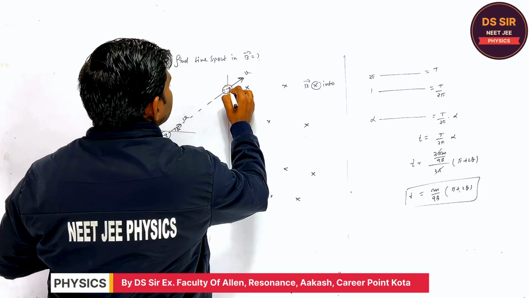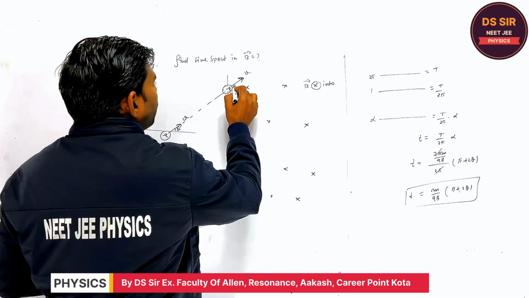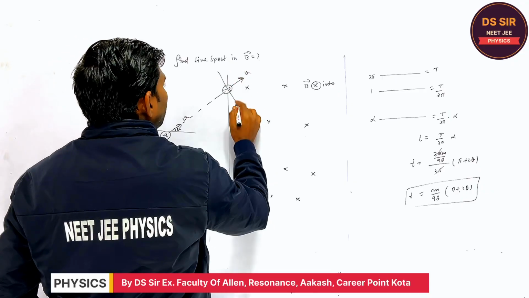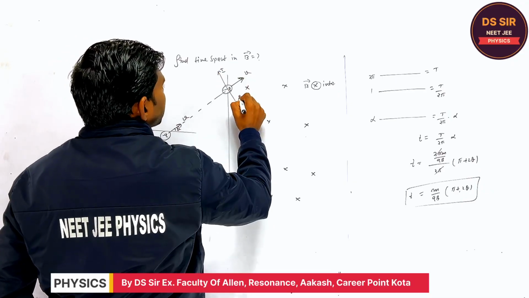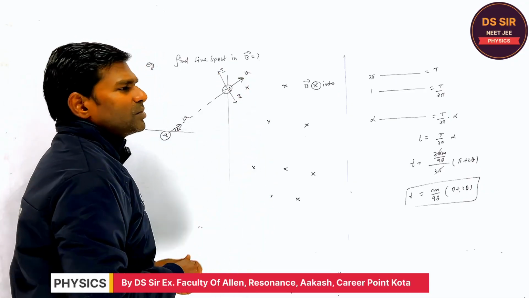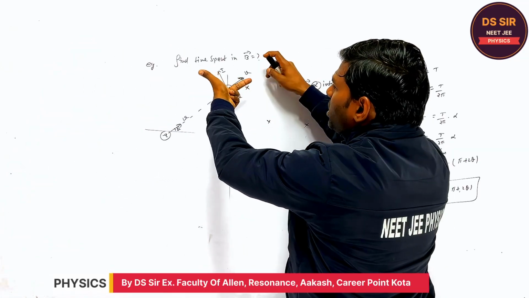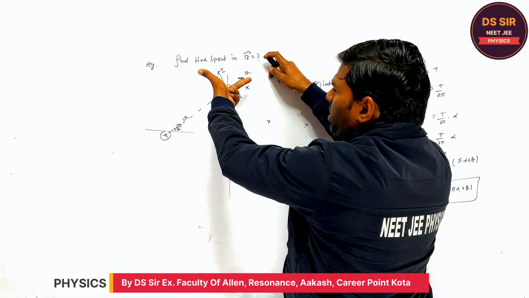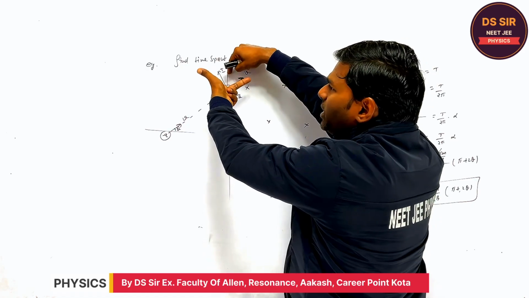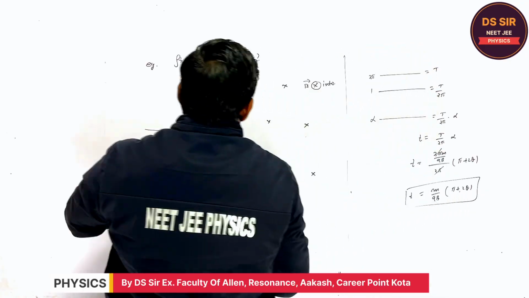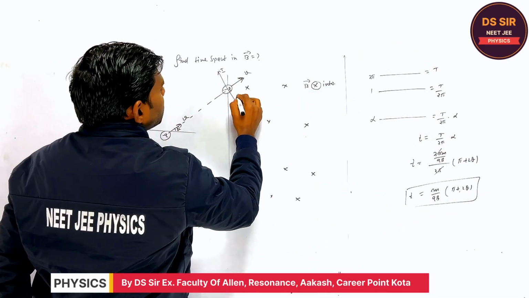So let's see this problem. This is the negative charge. When it is moving in a perpendicular or transverse magnetic field, either force will act in the first direction or second direction. Second direction. Why? Listen, this is the magnetic field, this is the velocity. If it was the positive charge, the force should be in this direction. But it is negative, so the force direction will be opposite.